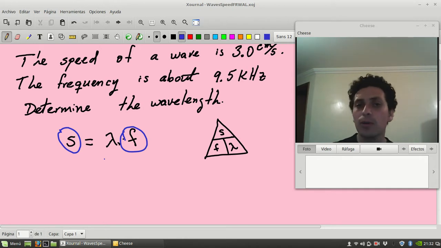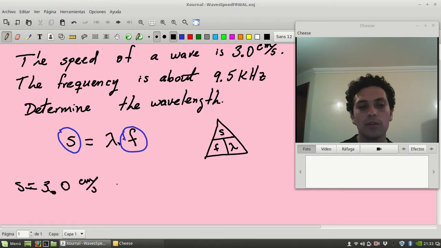If you don't want SI units, put it in CGS units or English units, or British units. But as we're also practicing SI units, we're going to put it in SI units. So, speed of the wave. We're going to start with the speed of the wave. The speed is 3.0 centimeters per second, right?